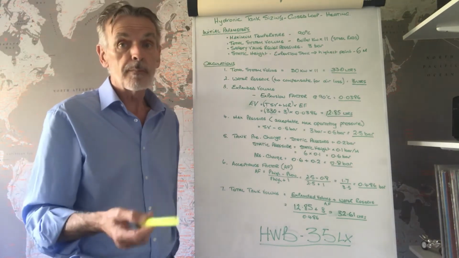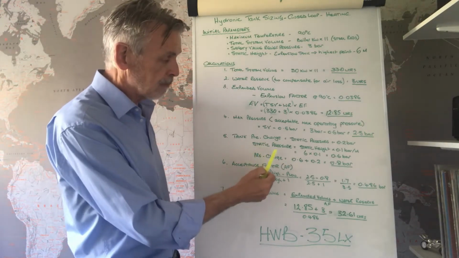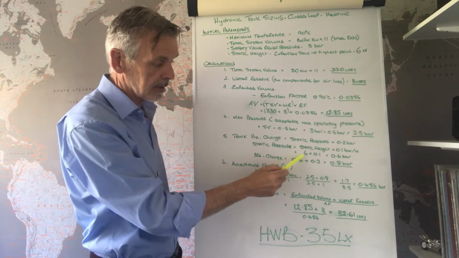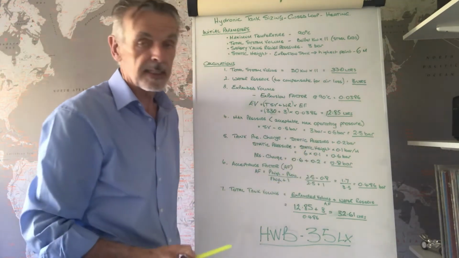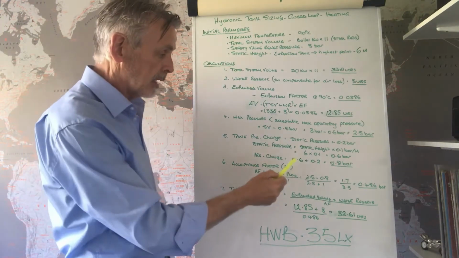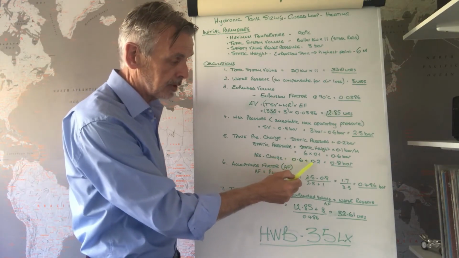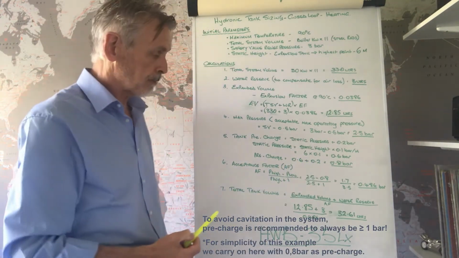So therefore every 1 metre is 0.1 bar. So in this calculation, the static height, as I said before, is 6 metres. So 6 times 0.1 bar is equal to 0.6 bar. So the pre-charge now is equal to 0.6 bar plus 0.2 bar, which is 0.8 bar.